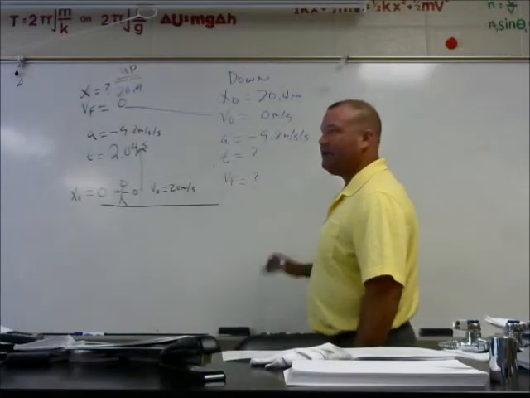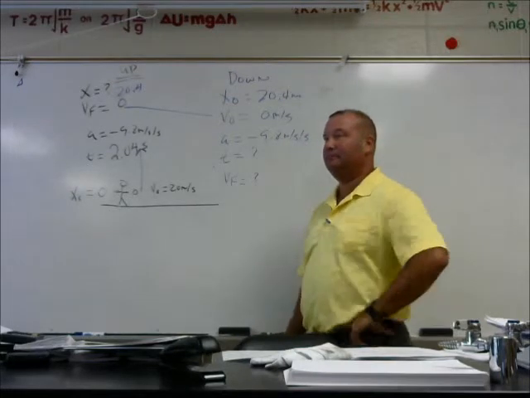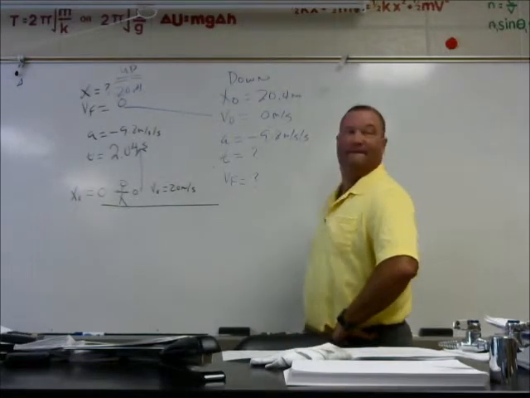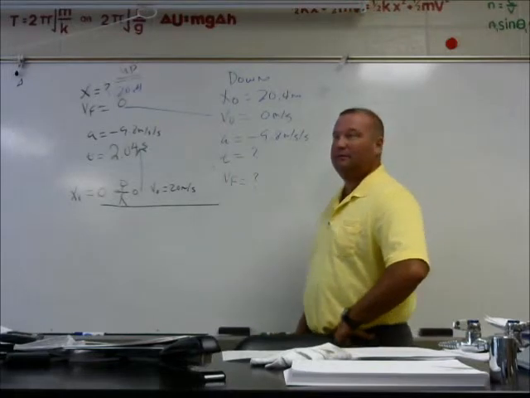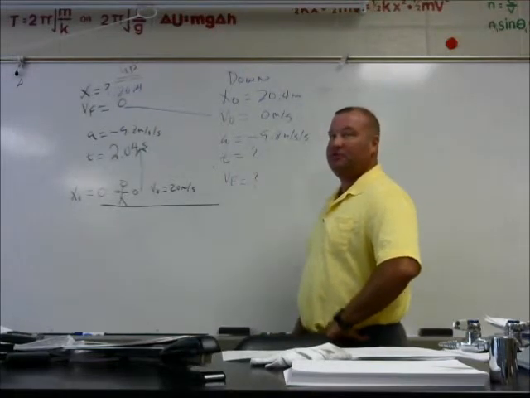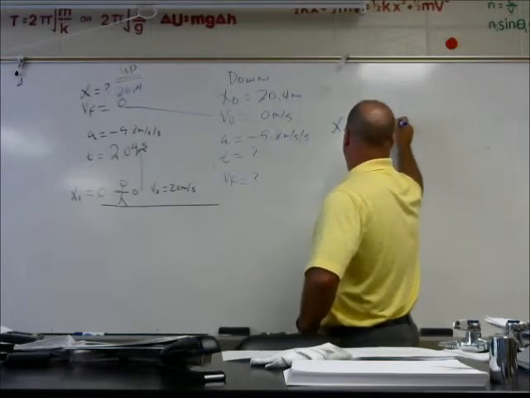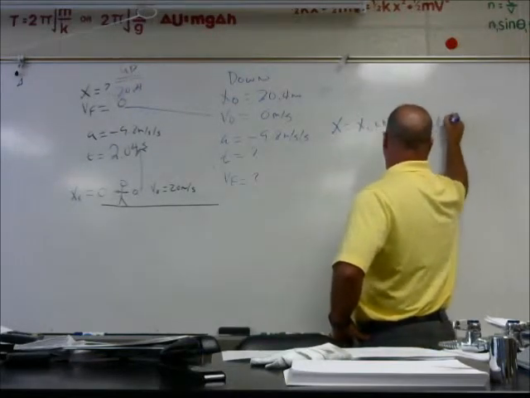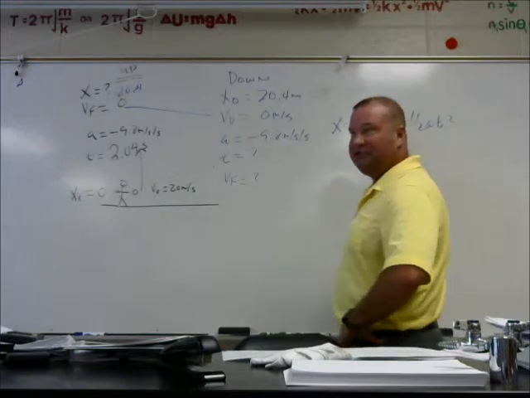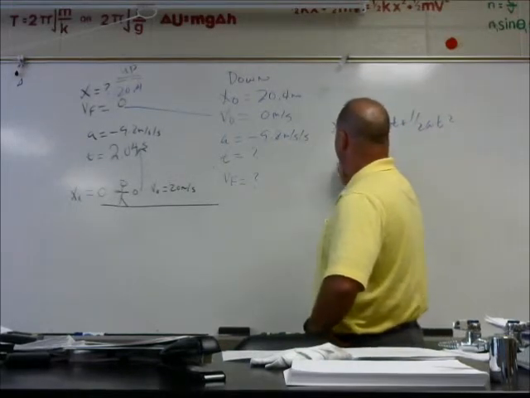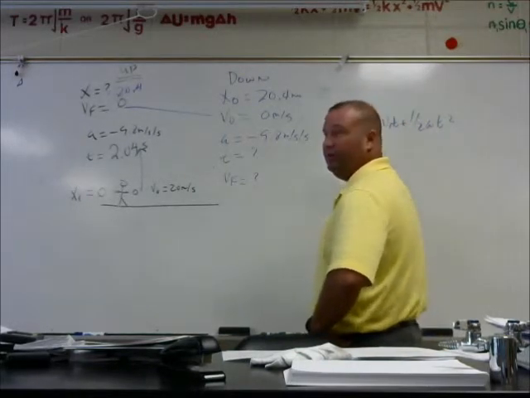How can I calculate the time to fall? Position time. Where my initial velocity is 0, my time is 0. My final position is 0.